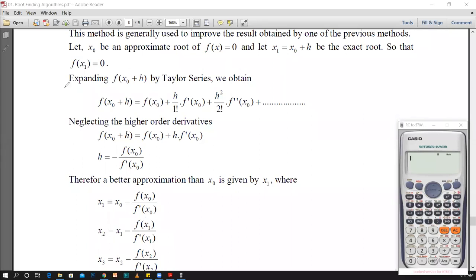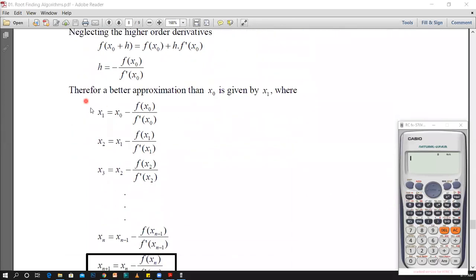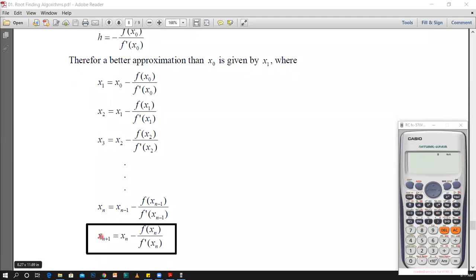Using such an iterative method, you can obtain the value of xn plus 1, which we say would be the best approximation or the fine-tuned answer for x naught. Therefore, for the nth iteration you get xn plus 1 equals xn minus f(xn) divided by f dash xn.